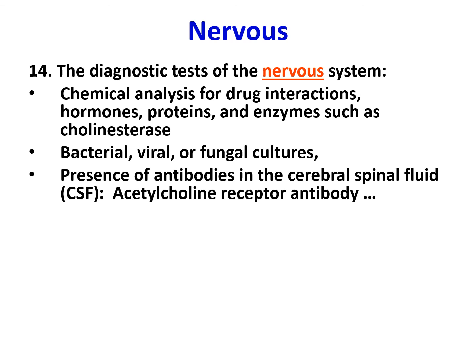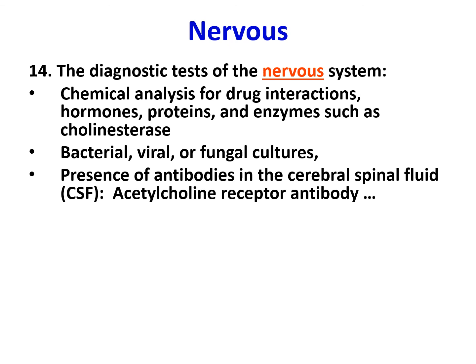So diagnostic tests of our nervous system. We can do chemical analysis for drug interactions, hormones, proteins, and enzymes, okay? We have different kinds of receptor antibodies like acetylcholine, and you look for some of these antibodies in your cerebral spinal fluid. You can do all kinds of cultures for viruses, funguses, and bacteria to see if these are things that are causing issues with the nervous system, because you can have some type of chemical issue, whether it's something you're taking, a drug or something that's off in your system.